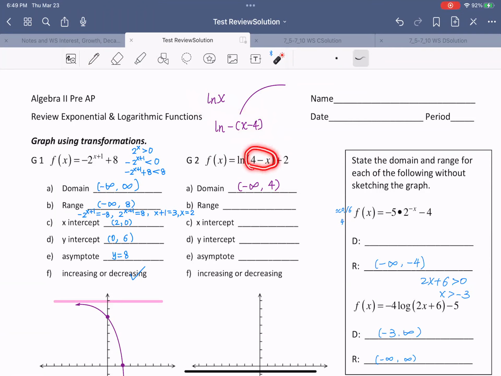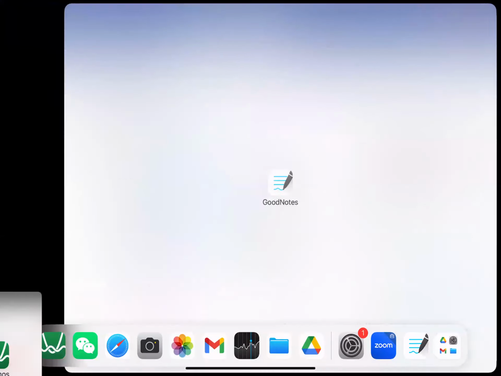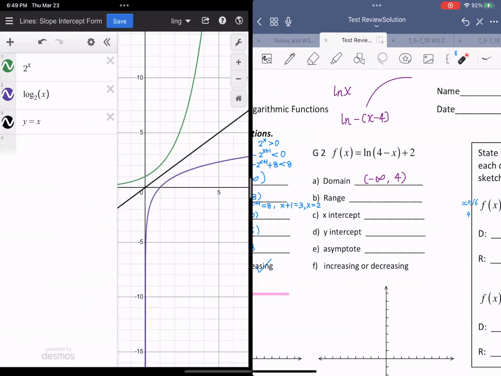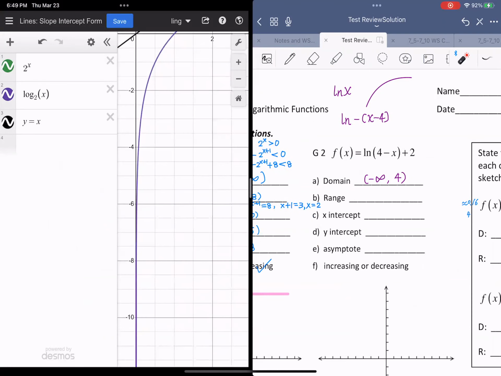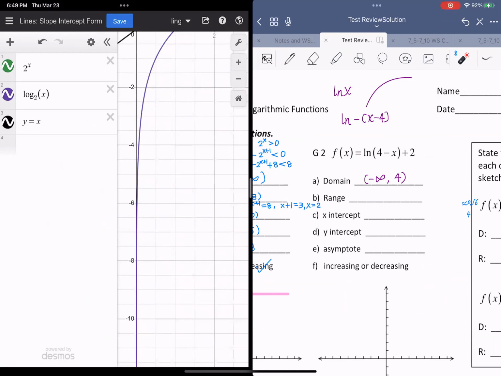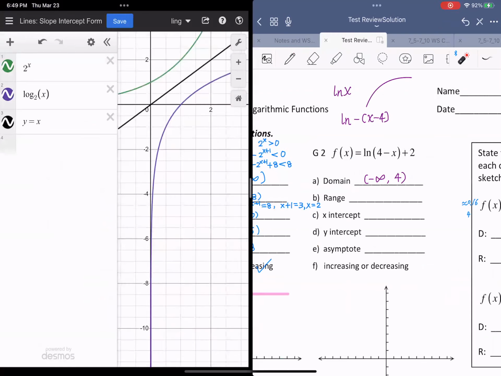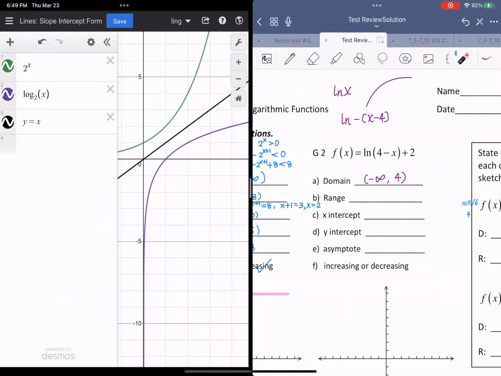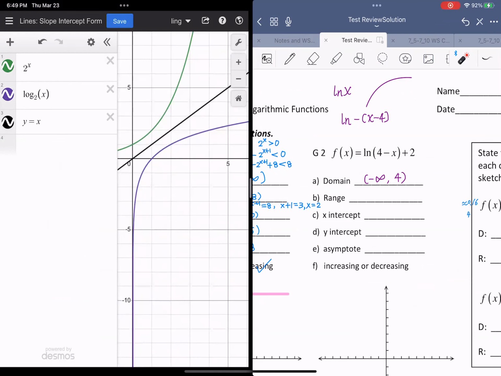It couldn't be negative. This thing has to be greater than 0. You see the curve here, the purple one? It's not going to touch the y-axis. It's very close, but never ever. It couldn't be negative. The log 2x, x is positive.